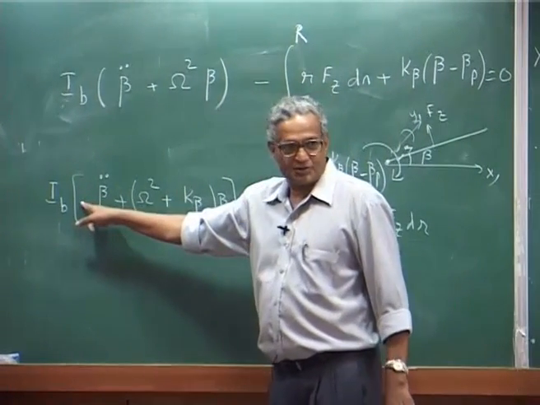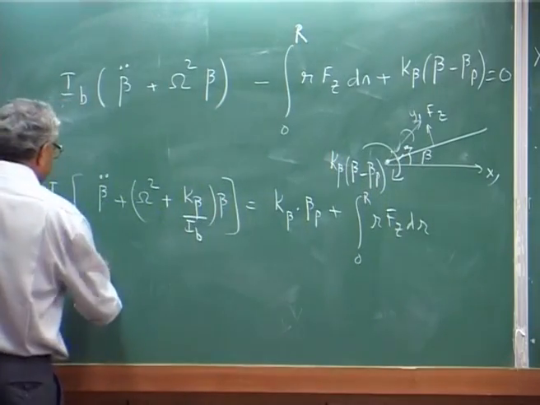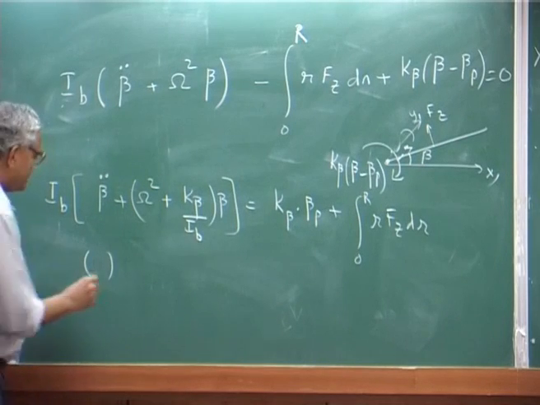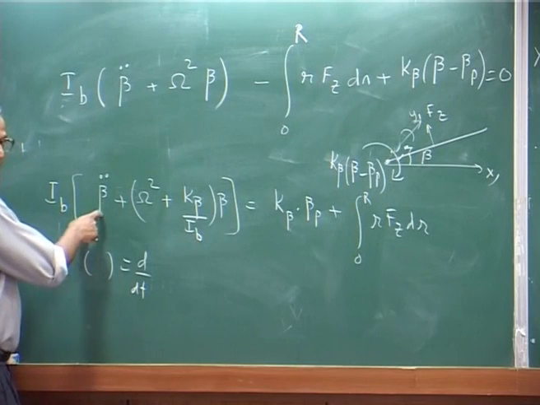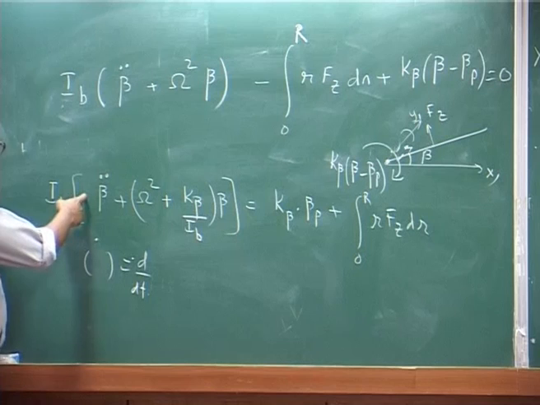So, you will get an omega square. Because the dot is d by dt, I put an omega, denominator another omega, so I will get an omega square.